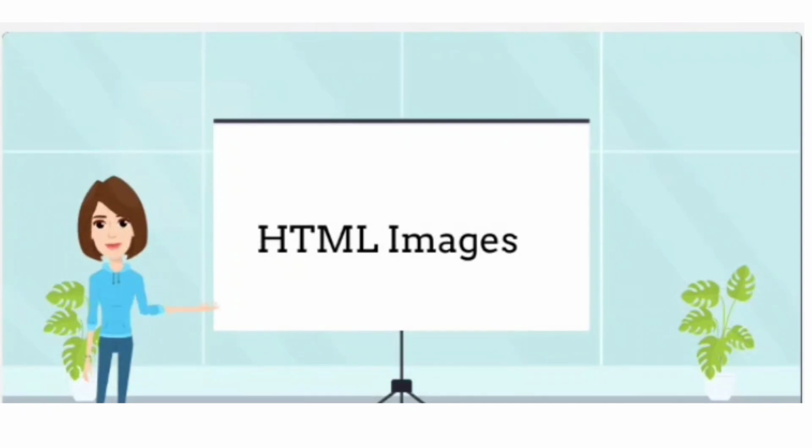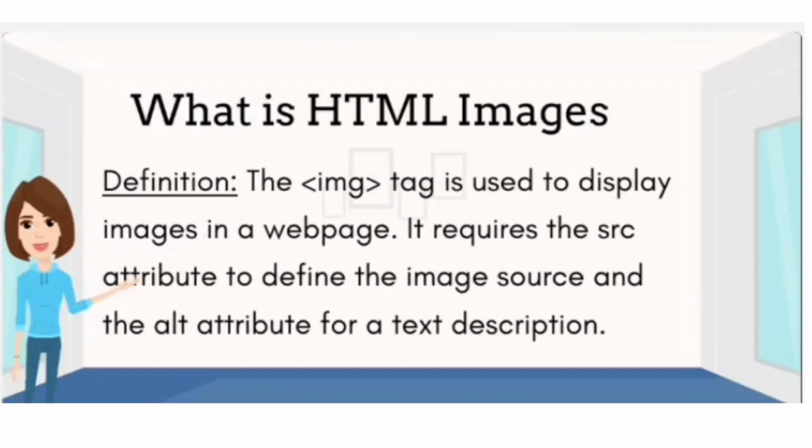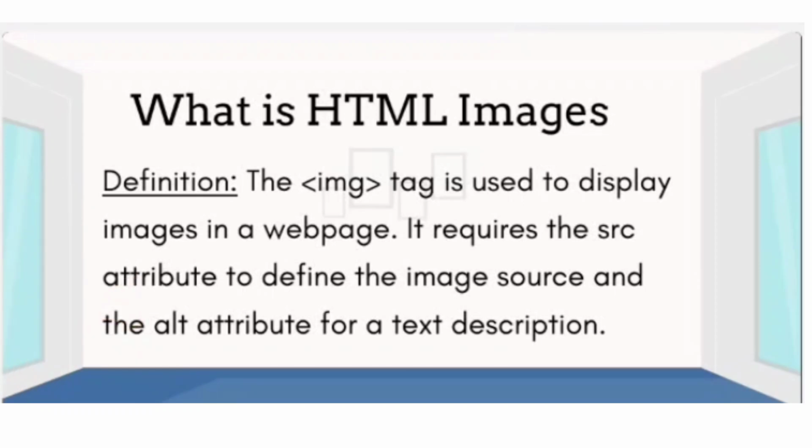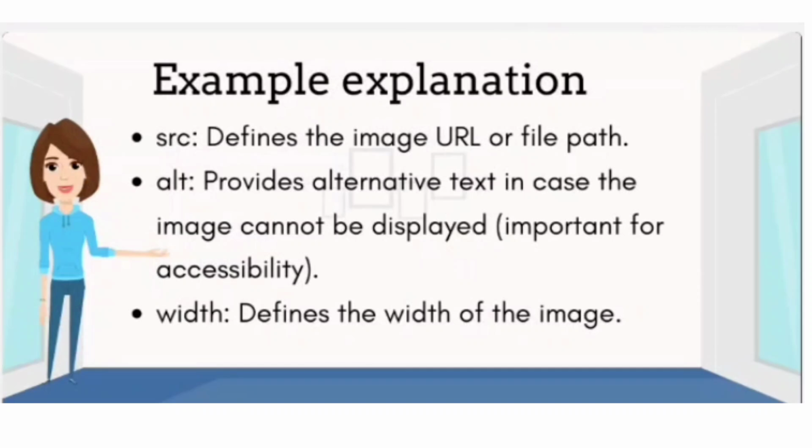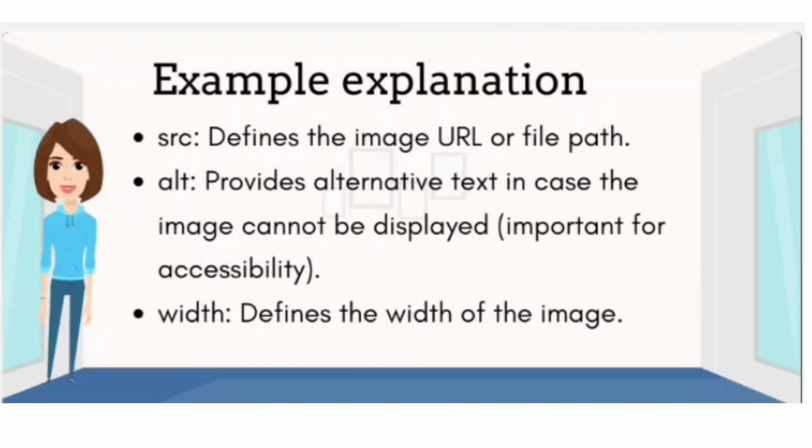HTML images. What is HTML images? The img tag is used to display images in a web page. It requires the src attribute to define the image source and the alt attribute for a text description. Here is the example. Example explanation. src defines the image URL or file path.